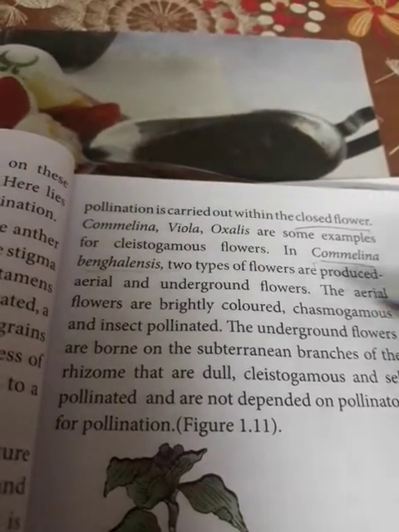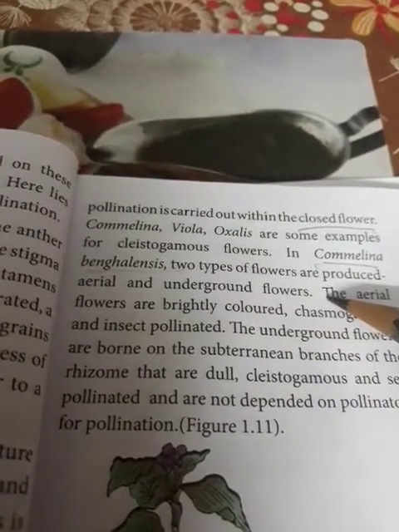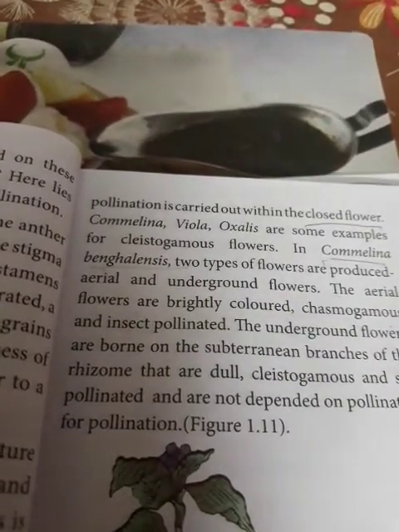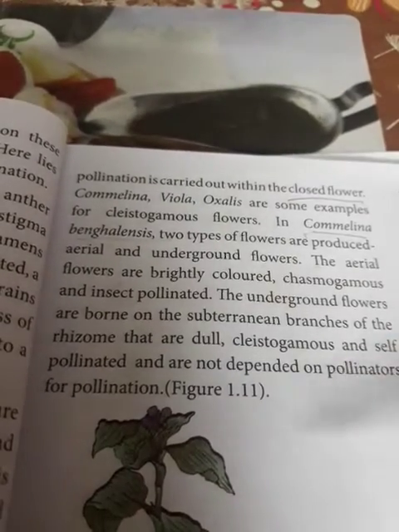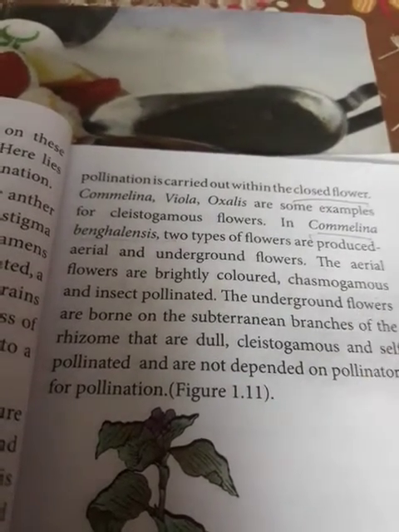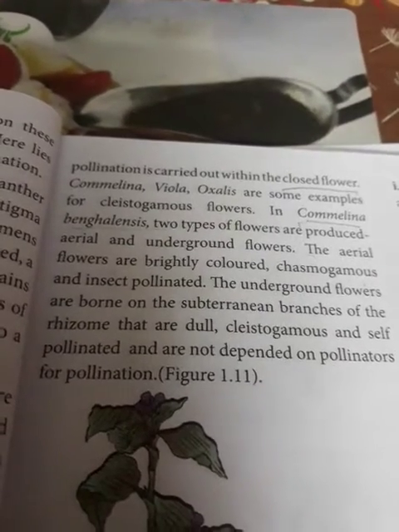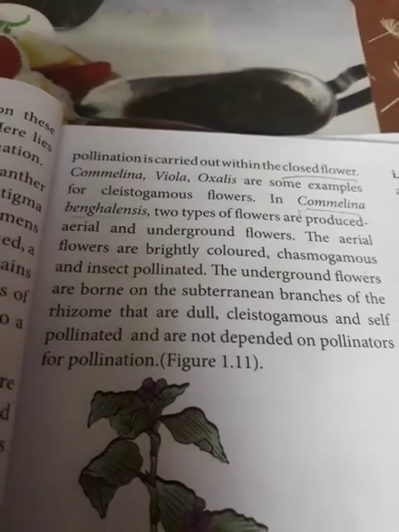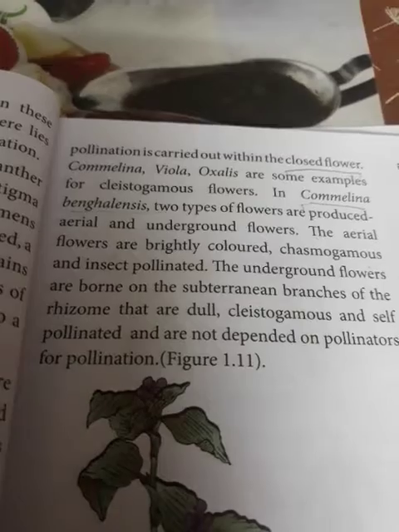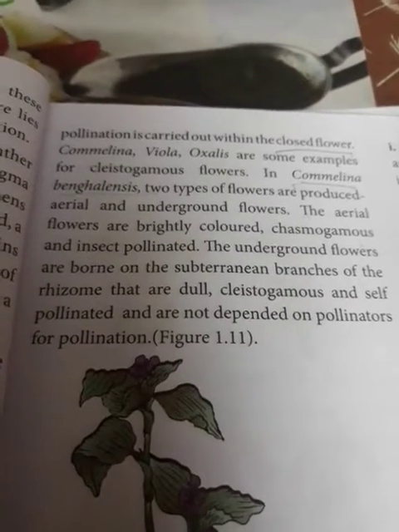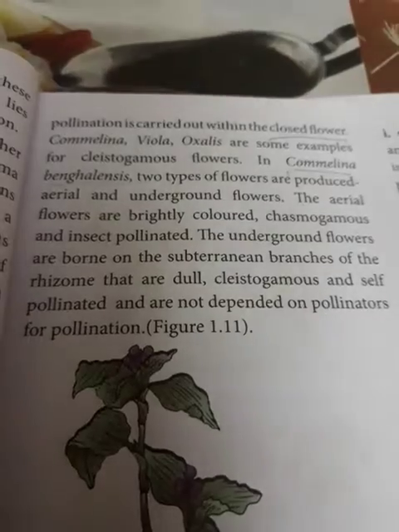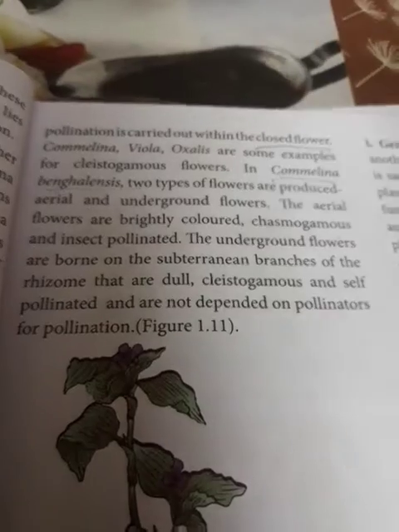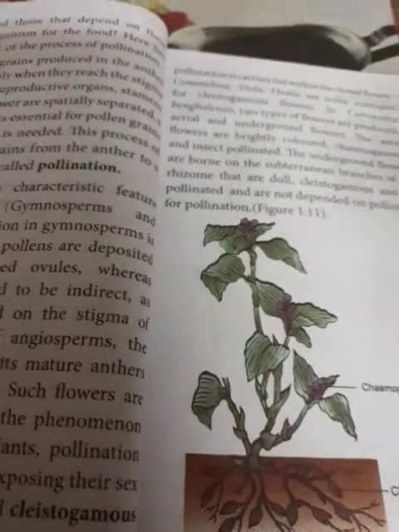Aerial flowers are brightly colored, chasmogamous and insect pollinated, but underground flowers are borne on the subterranean, that is underground, branches of the rhizome; they are dull, cleistogamous and self-pollinating, and not dependent on pollinators, the agents responsible for pollination, such as insects, air or wind. So that is the speciality in Commelina bengalensis.